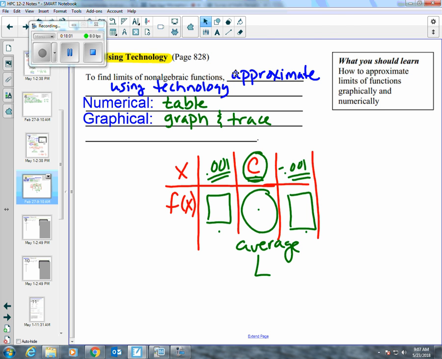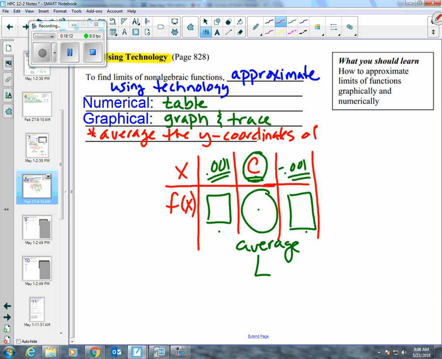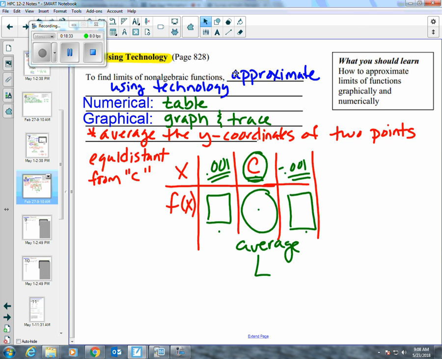So we're going to average the y coordinates of 2 points that are equal distance from that C value. And if we can do that, then we can make that a little bit more of a precise calculation. So we're going to try that on a couple and just see how that might look when we're trying to do our solving.